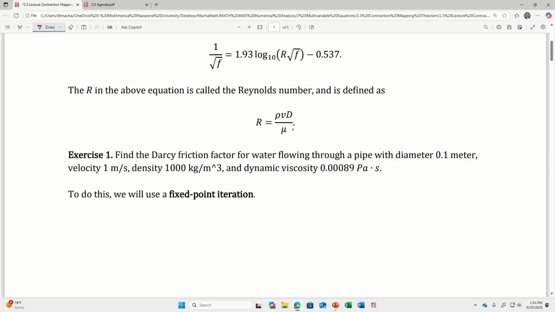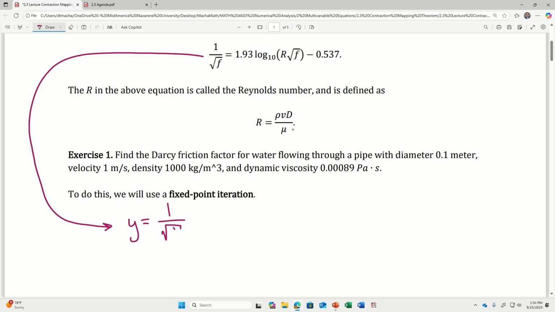We are going to take this equation and we are going to define y equals 1 over square root of f. And that means f is going to be equal to 1 over y squared. Double checking to make sure I'm doing the math right. I'm a little tired today.